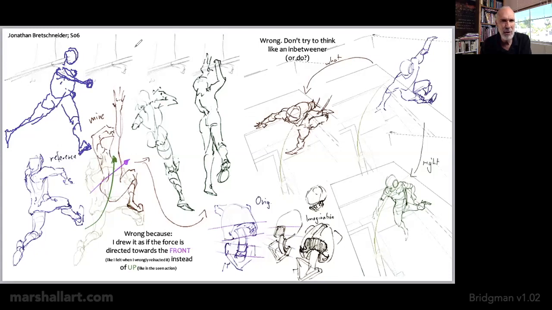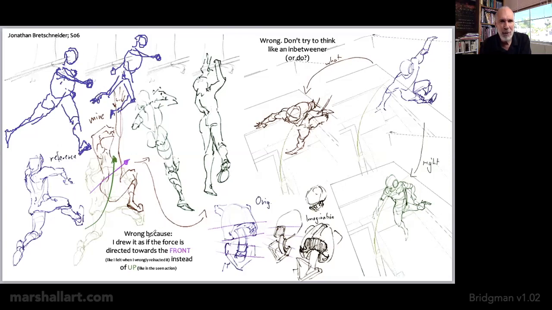And this student had so often done people running where he would have a fist like that and the upper leg like this. Now, can that happen? It can certainly happen. It's an amusing kind of run. It's like a skip. So you can do either.